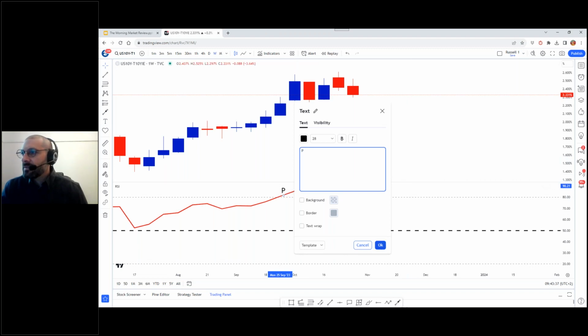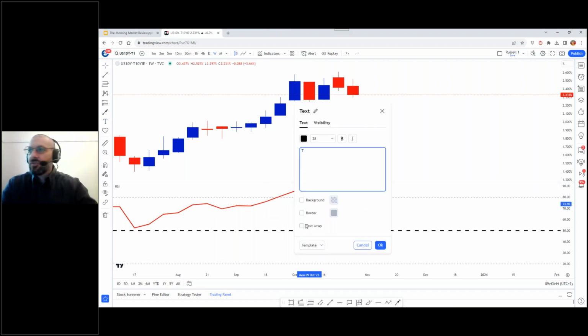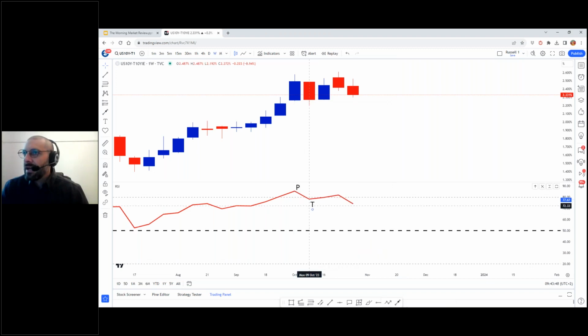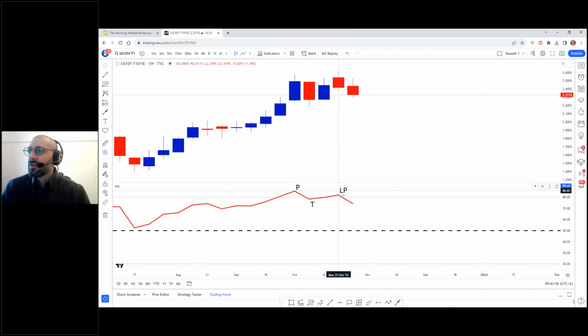We have the reference peak over there. What we've got here is the reference trough. And then what we pointed out was that there was a lower peak followed by a lower trough, and generally the failure swings are quite powerful signals of trend reversals.